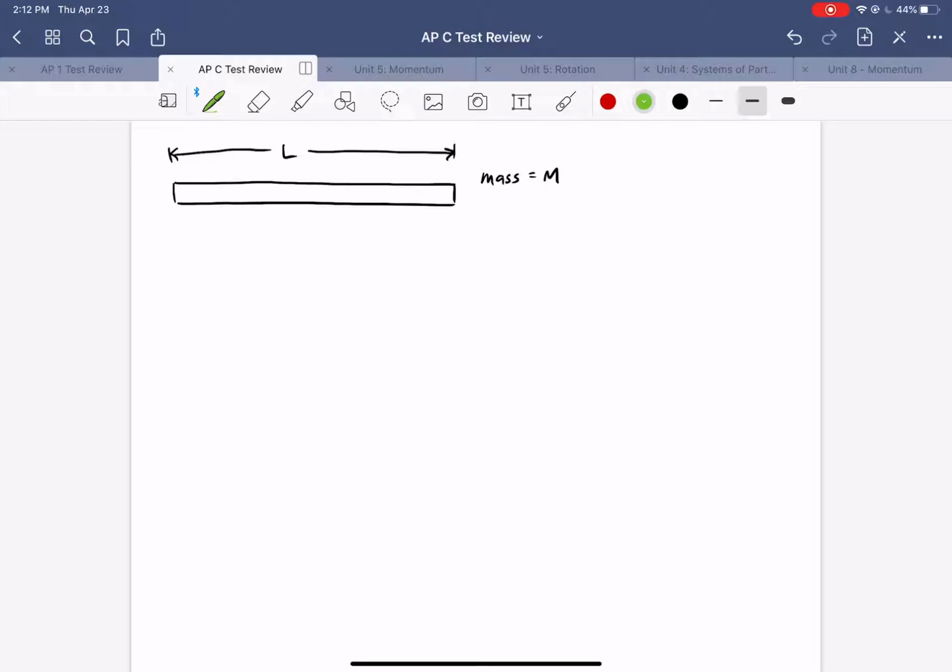So let's make that a little more concrete. Let's put an x-axis here, and I will label the center of the bar x equals 0. So that makes this L over 2, and this minus L over 2. So let's say the mass density of this rod is given by a function, let's call it lambda of x.